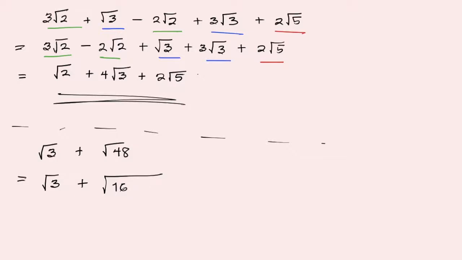So we can simplify this as 16 multiplied by 3. And this can be rewritten as root 3, which is this one. And we know that if we find the square root of 16, that's 4. So this becomes 4 root 3. And so the final answer here is root 3, 1 root 3 plus 4 root 3 is equal to 5 root 3's. Final answer.